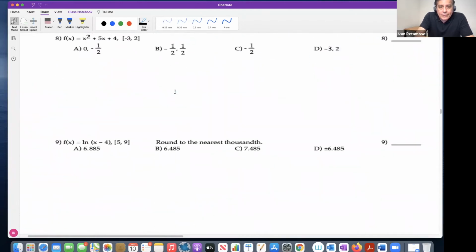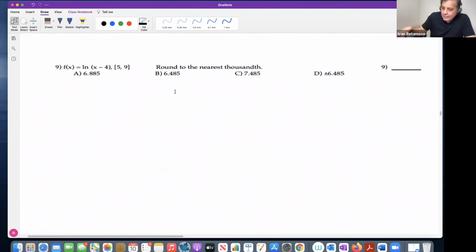Let's try to do this one on your own. A lot on the homework and also on your exam that is coming up this Friday, okay? f of x equal natural log of x minus 4 is the function.